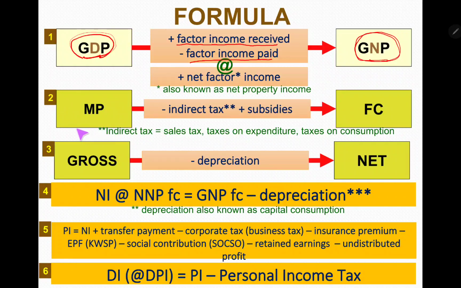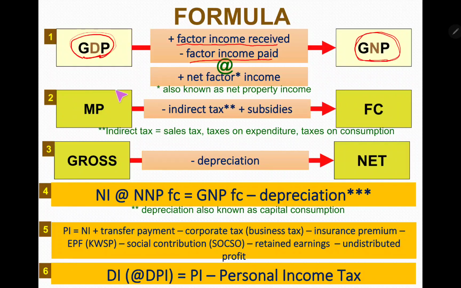So number 2, okay, this is the one that I'm telling you about, the market price and factor cost. So if you calculate the expenditure and product approach, the value will be in market price, okay, meaning that the value at the market, what you sell in the market. But factor cost meaning that the value at the supplier.